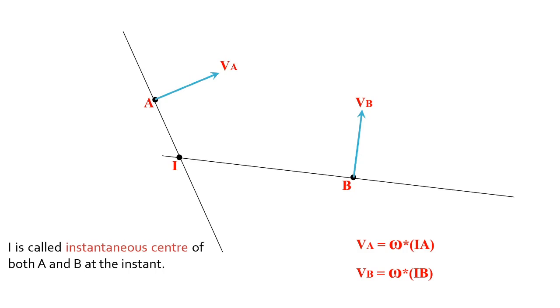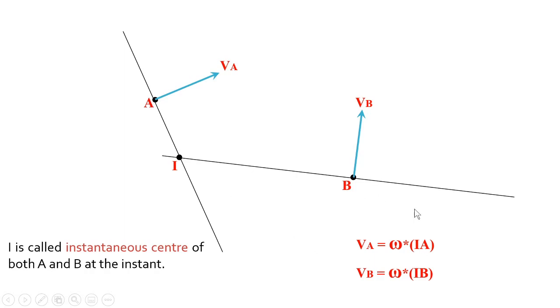This is only valid for an instant, because we solve problems by drawing the space diagram at any instant. So VA equals omega into IA, that is, I is the center, so the distance from the center to that point A, IA, that is here.